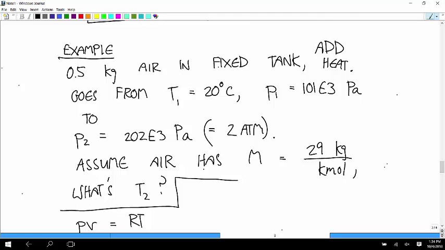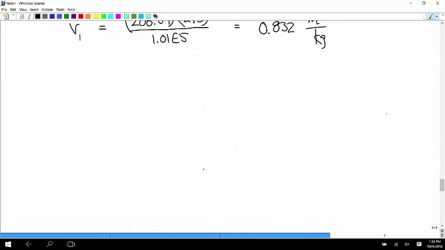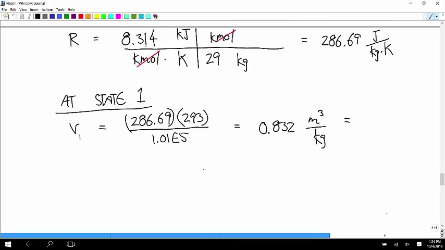It's locked in there, so the mass stays the same, and so the specific volume has to stay the same. So this is V1, and it's also equal to V2. Tank with no material in or out.